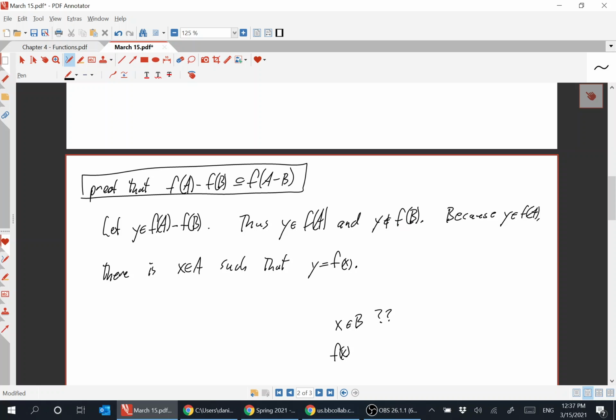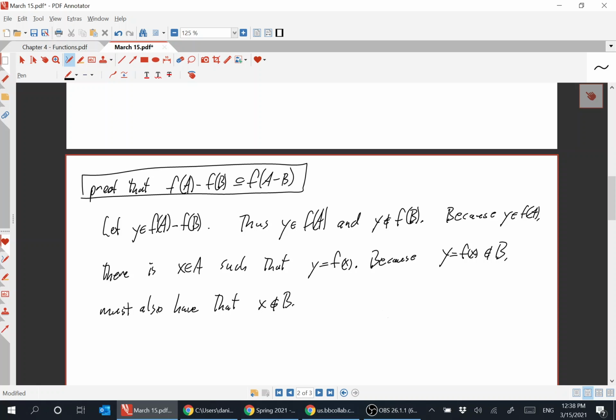So it can't be in B. Because y is not in the image of B, we must have that x is not in B. I mean, if it was in B, then f of x would be in the image of B.